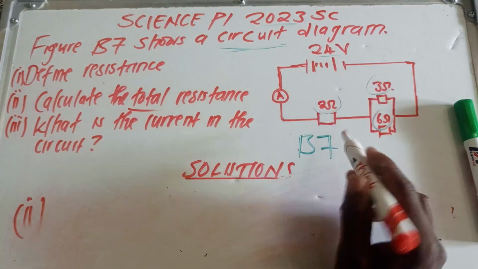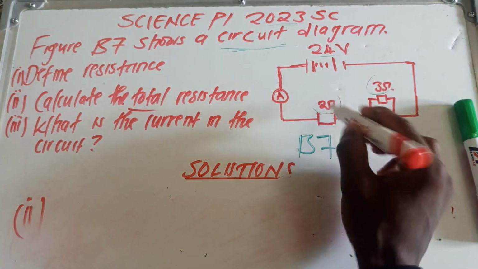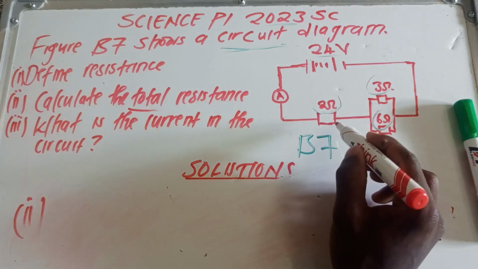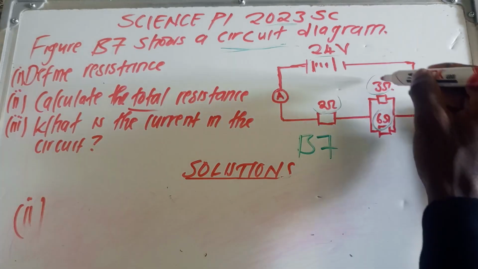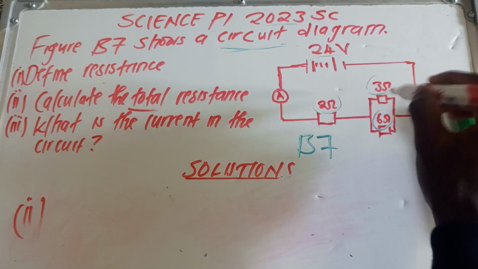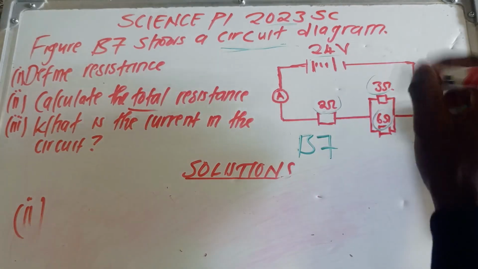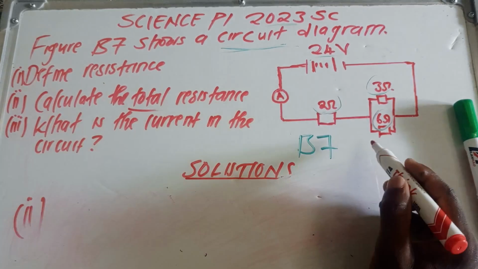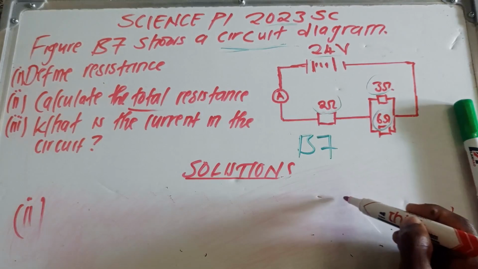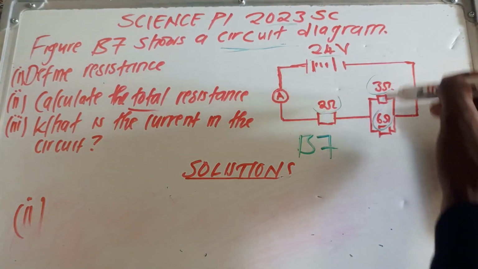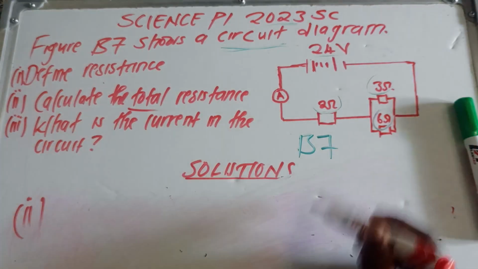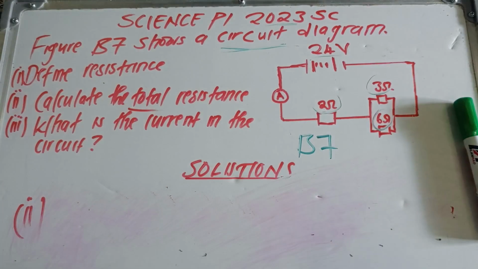When you look at this circuit, this resistance and this resistance, as you can see, are connected in parallel. But this one is connected in series. So you cannot directly combine this one with these ones. First, you need to combine these ones which are in parallel, and then at last you add this to this one. I hope you're getting the point.